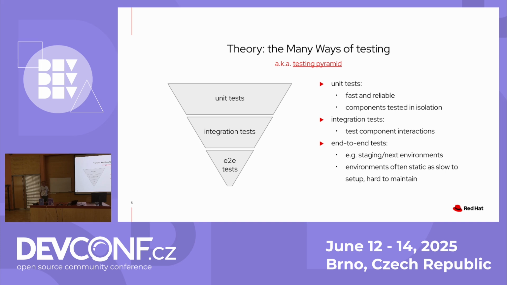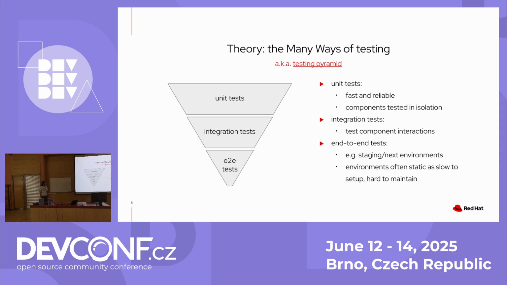In the middle you find integration tests, where you test the interactions of components, and then most services or bigger projects have end-to-end tests that they use to test the whole thing. For example, a staging setup, which is very often manually maintained, so it's kind of slow, but it tests the whole thing.